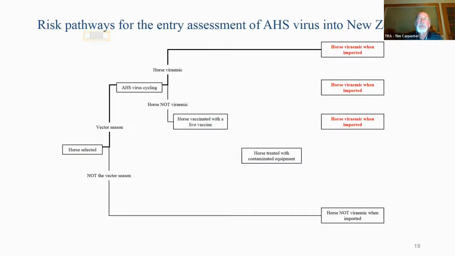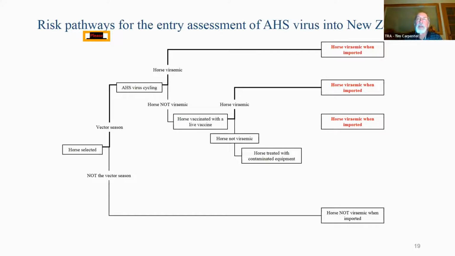If it's not viremic, is the animal recently vaccinated? If it were recently vaccinated, then you have to wait the 21 days to see if you have that virulence arising from the vaccination. So if that does not occur, is the animal potentially going to be treated for some reason? Is it going to be vaccinated for another reason?